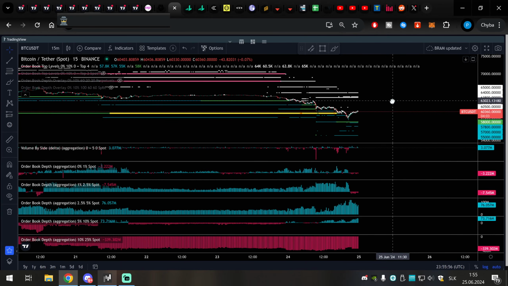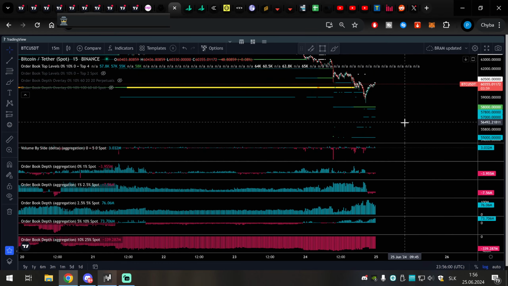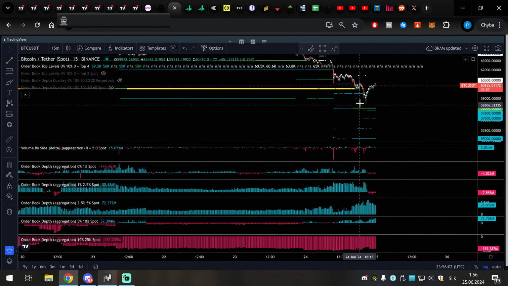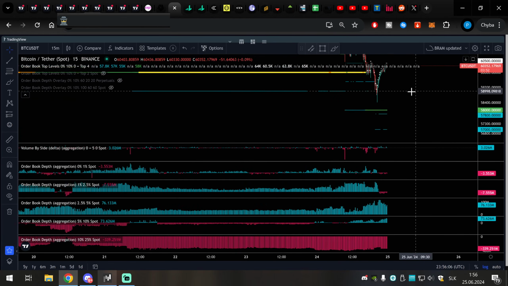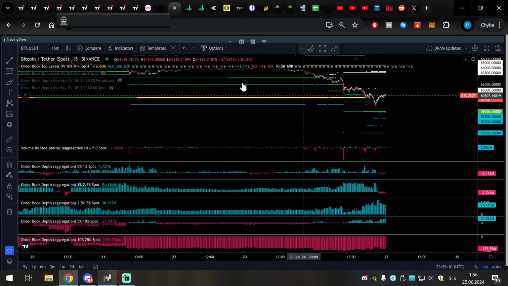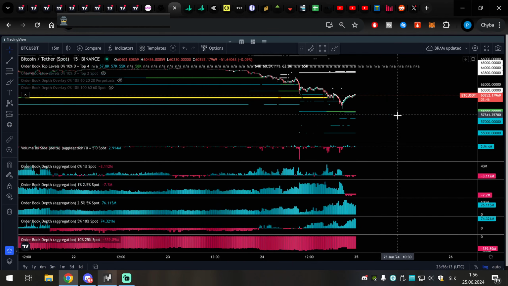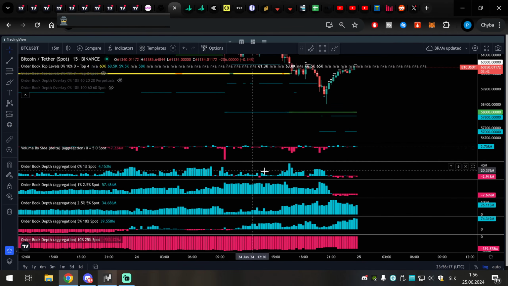Top orders, how are they looking now? Not much support from the top orders perspective, but they have smaller orders priced below. Lots of resistance to the upside currently forming. And spot, how is the spot buying here? Spot aggregation delta.